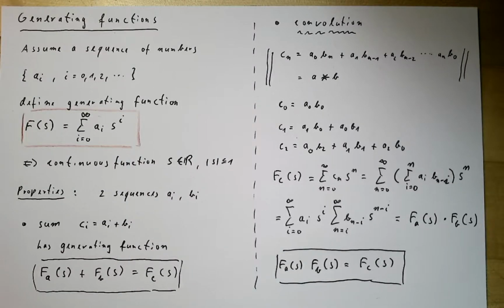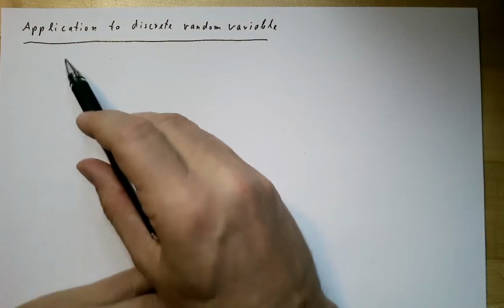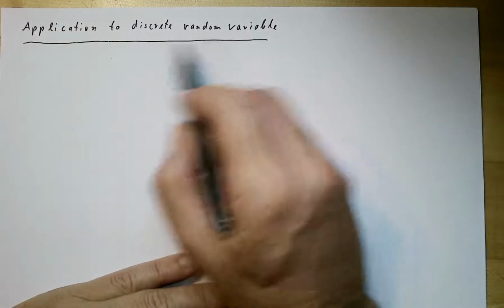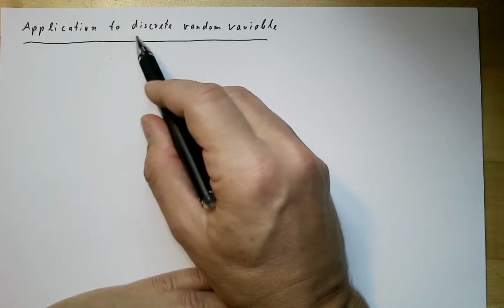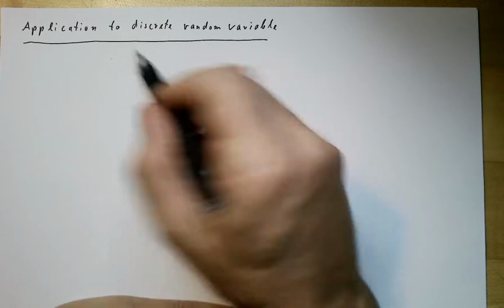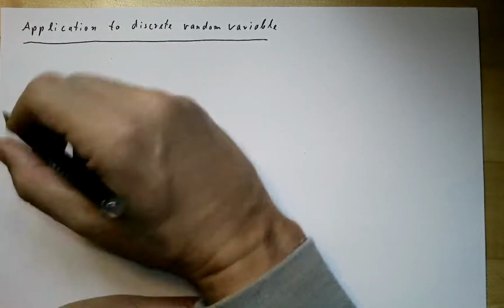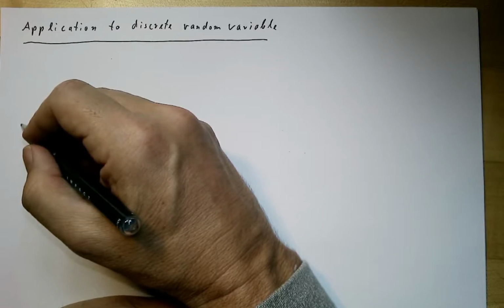Now let's see how we can apply it to a discrete random variable. So we apply this generating function to a discrete random variable. This works only for discrete random variables. When we have continuous random variables, one can do something similar, but I want to keep it with the discrete random variables, which is also the case where I know the most applications of this technique.